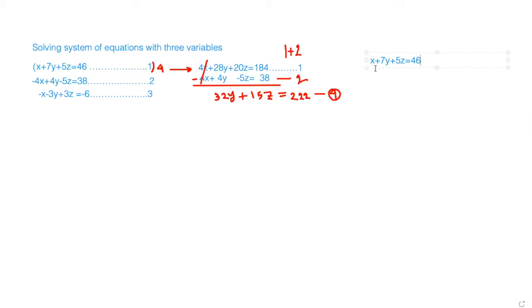Then I want to write down the second one here, negative x minus 3y plus 3z equal to negative 6.